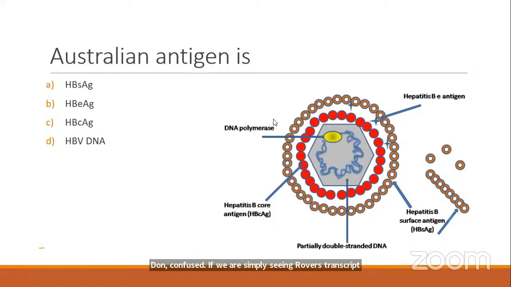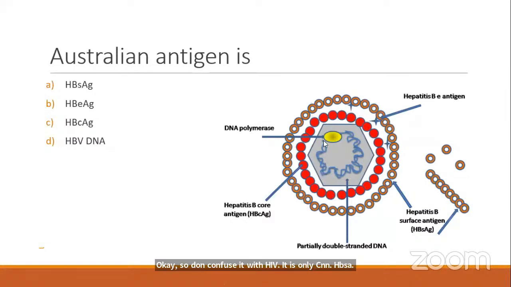This virus has a DNA polymerase enzyme with additional reverse transcriptase activity, seen in hepatitis B. In the case of HIV, the reverse transcriptase enzyme is present per se. So don't confuse it with HIV. Then you can see these are the HBsAg; different forms are there.